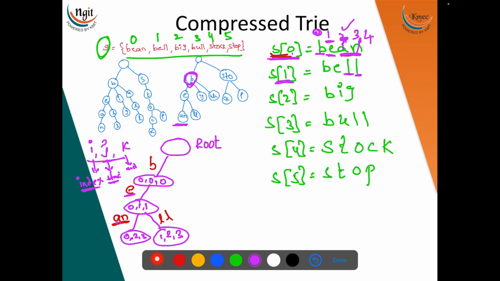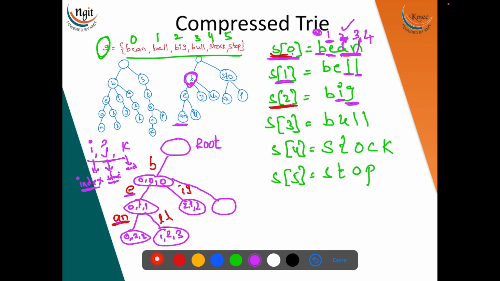The next is IG, from big, which belongs to 2 index. First it is 2. I started at 1 index, G at 2 index, and it ends at G. So I wrote 2, 1, 2.